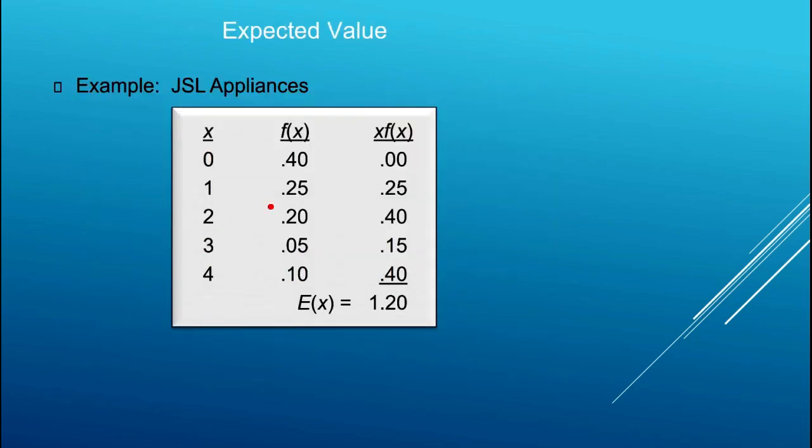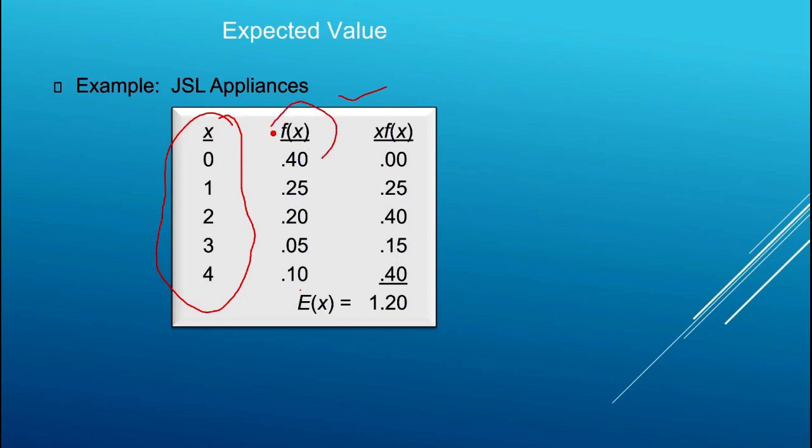Here's an example again from JSL Appliances. What we have here is the discrete random variable x. It can take on values from 0 to 4, that is the number of TVs that are sold in a day.